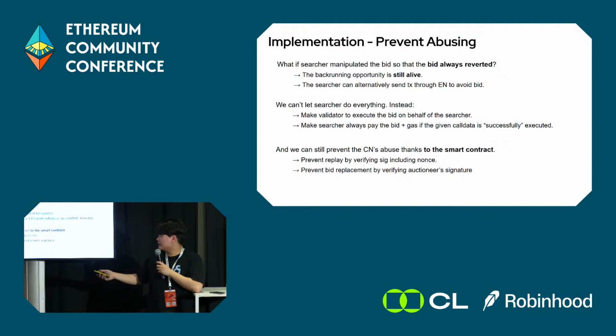We can also imagine a situation where someone can manipulate the bid, and there can be another auctioneer who mimics the original auctioneer and sends some bid to the network to interrupt the system. So we include the signature of the auctioneer client to verify the bid is legit and the bid cannot be replaced.